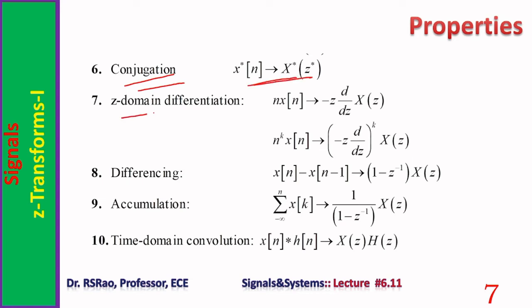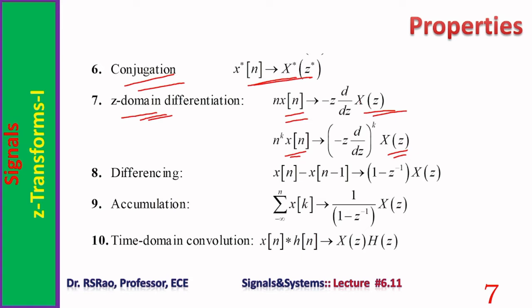Another property, z domain differentiation or frequency differentiation. The transform of the product n x of n is equal to minus z d by dz X of z. The transform of n power k x of n is equal to minus z d by dz, power k, X of z.